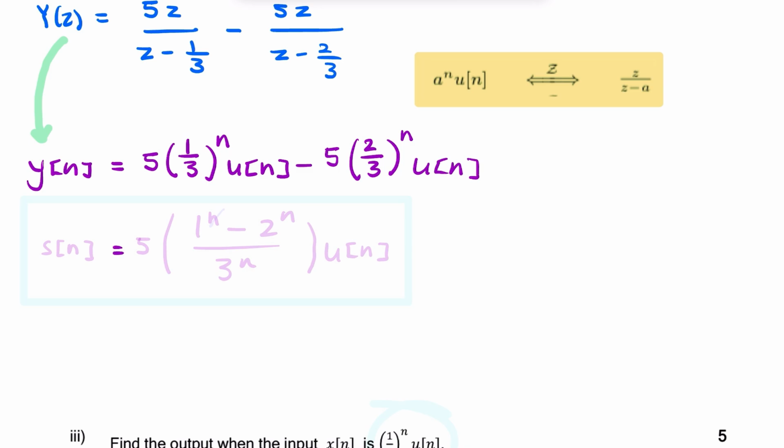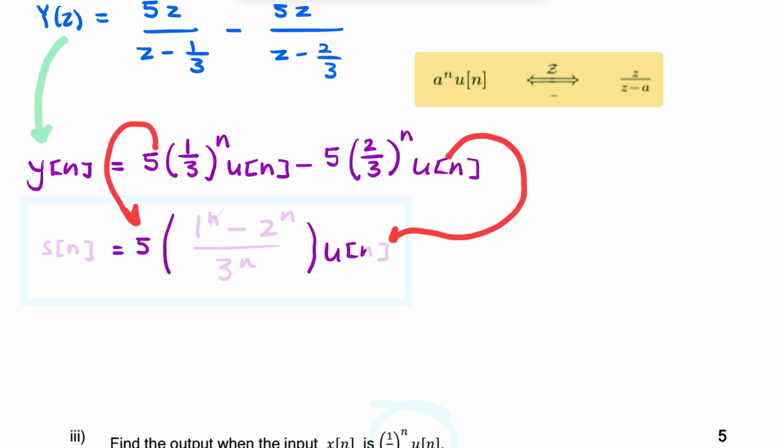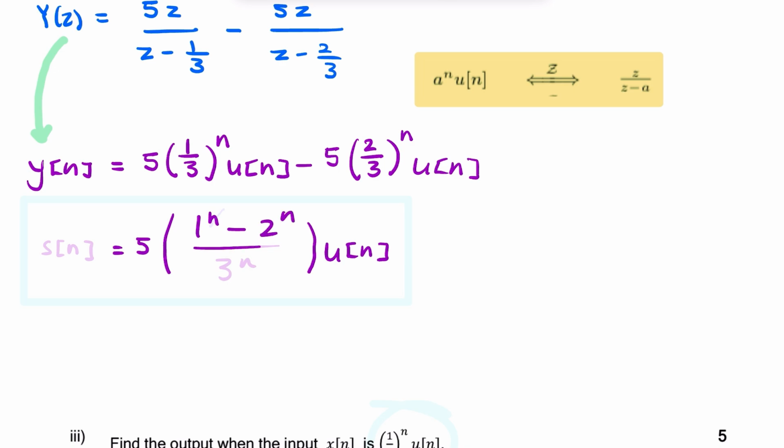I think I will. If I take 5 as a common factor and u of n as a common factor, I can probably take 3 to the power n as a common denominator as well. So it's something like 1 to the power n minus 2 to the power n divided by 3 to the power n.